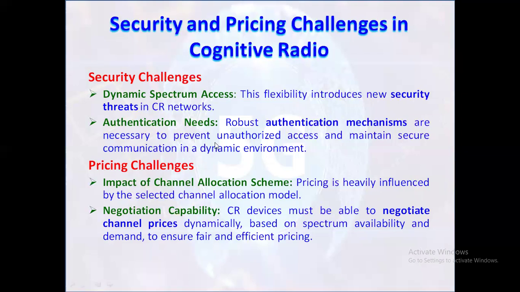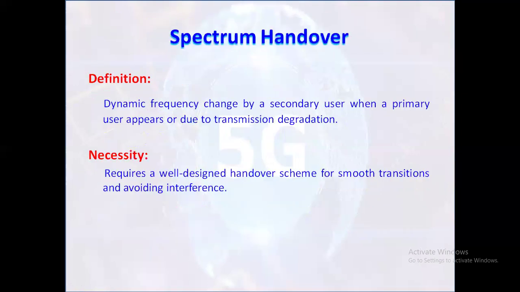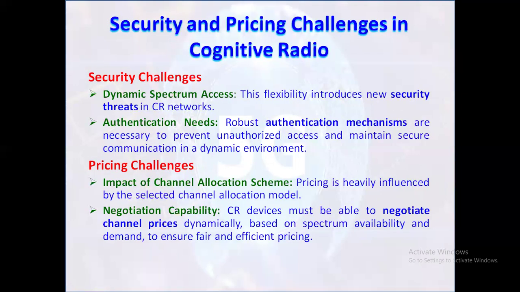To address this, robust authentication mechanisms are required to ensure that only authorized devices can access and communicate over the spectrum. On the pricing side, the chosen channel allocation scheme plays a significant role in determining the cost of using spectrum.